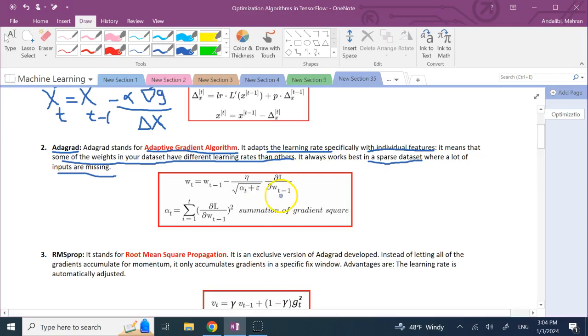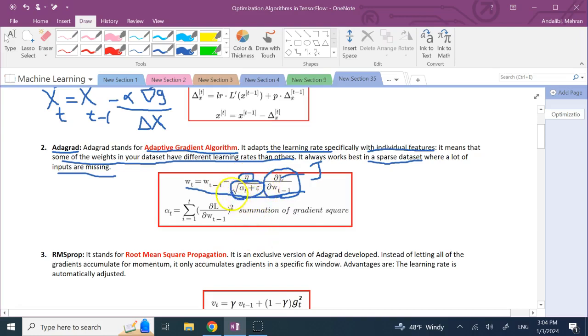And here, this is the update equation, where this term here is the gradient term. W is one of the weights. This L is the same as J, and this is basically the gradient. So you see it moves in the negative gradient. This eta is the same as the alpha that we have, but it's not a constant eta. It's also always divided by something.